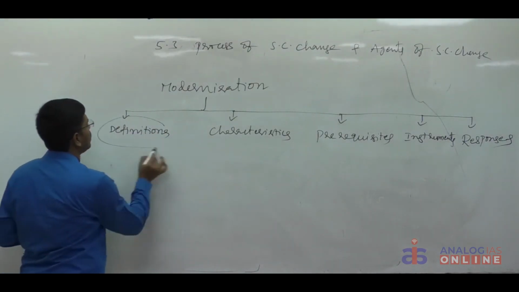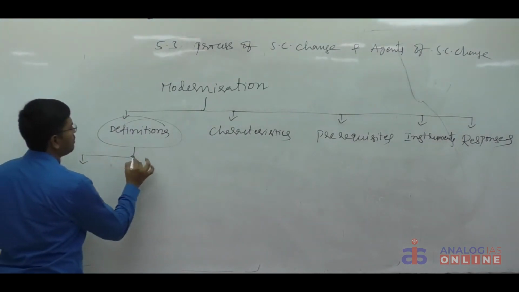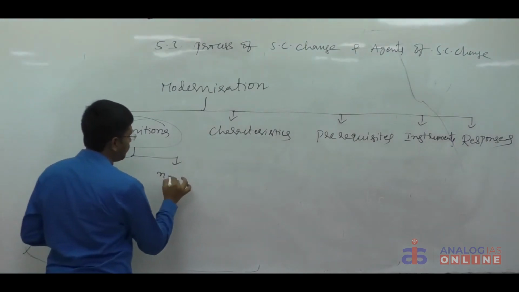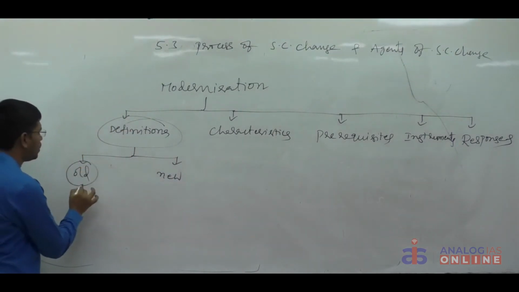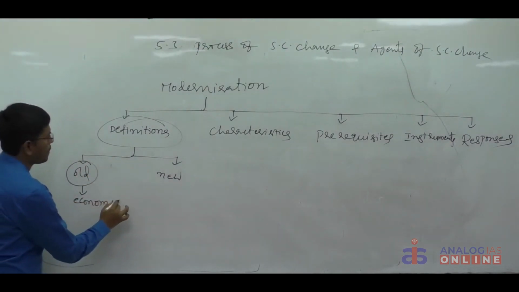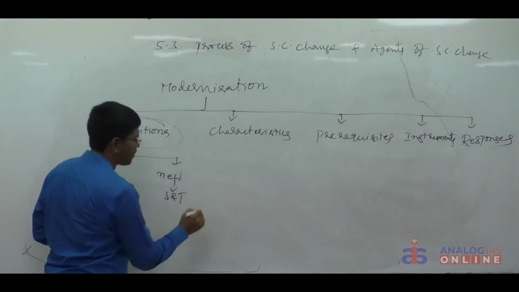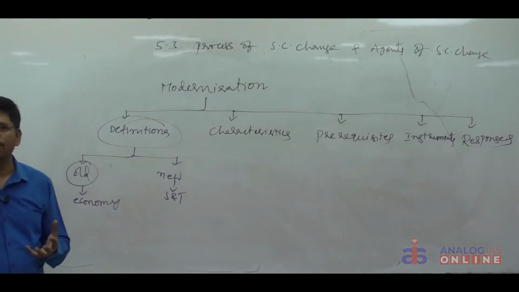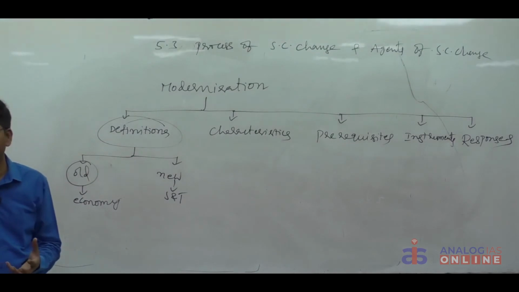First let us discuss definitions. We have two sets of definitions. Classical definitions are old definitions and modern definitions are new definitions. Old definitions are with respect to economy. New definitions are with respect to science and technology. Modernization means in our society we are introducing the elements of science and technology.